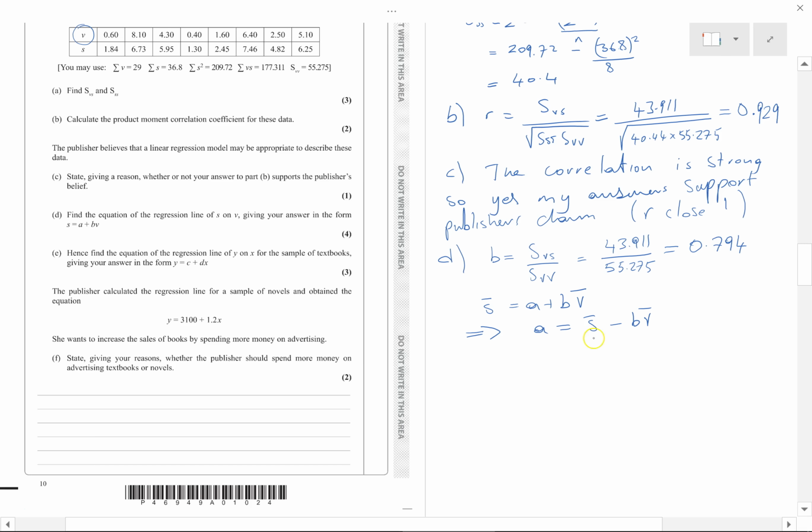Right, so we're going to need to work out S bar and V bar. It's not difficult because we've got the sum of S and the sum of V. So S bar is equal to the sum of S, which is 36.8, over the number of numbers that there are, which is 8.